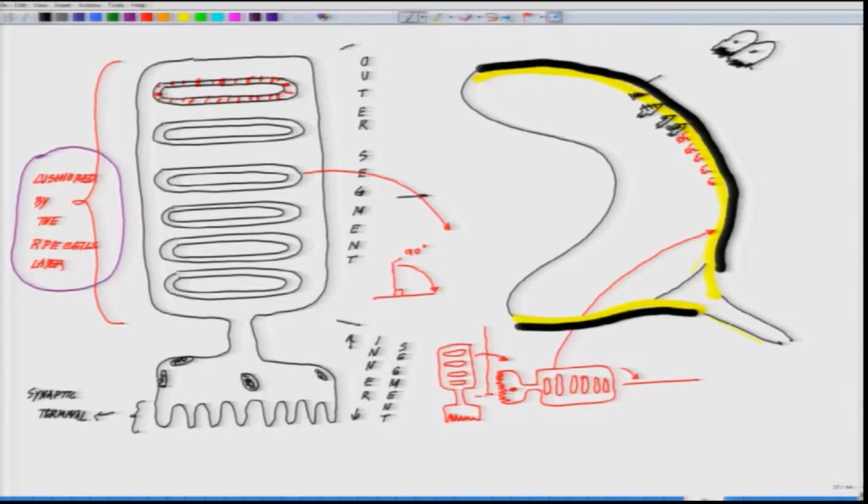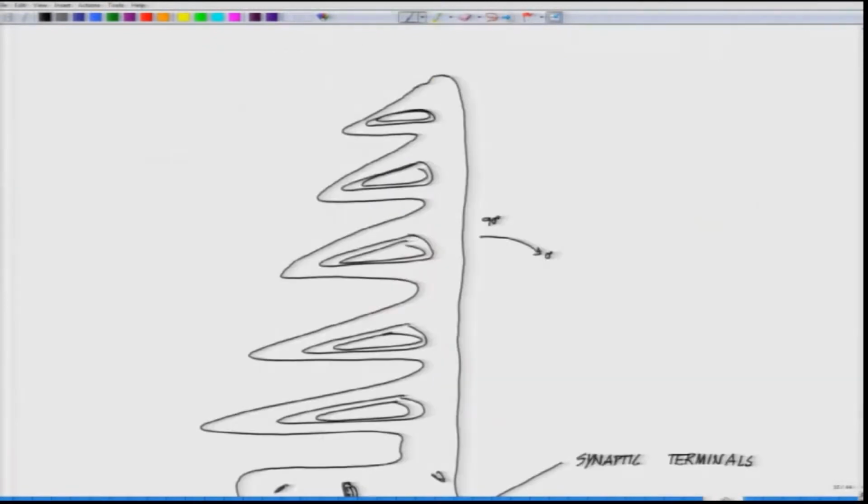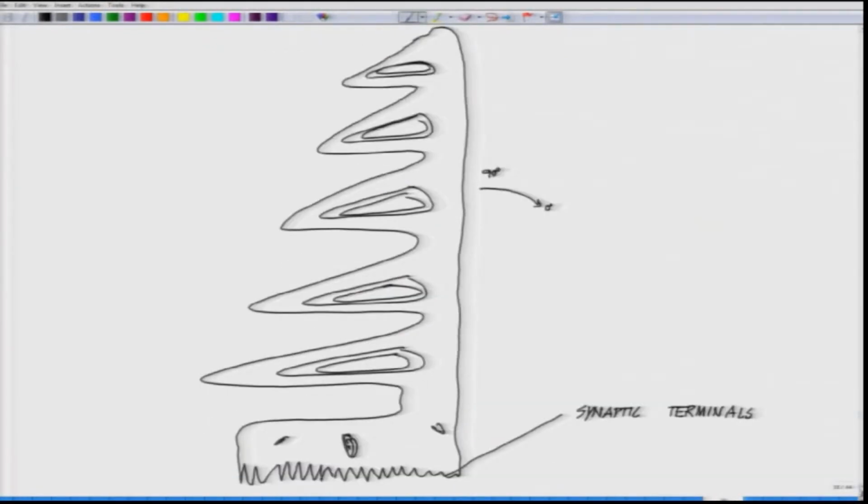Now coming back to the structure of the synaptic terminal, this is the outer membrane, and this is your inner membrane. Pretty much the same terminology applies, it's just the structure that is different.